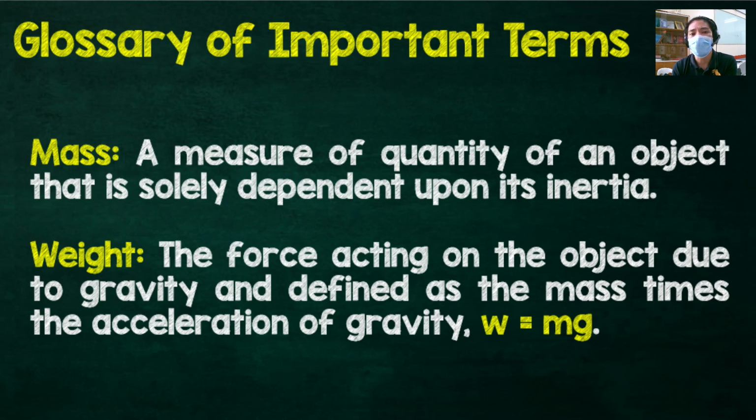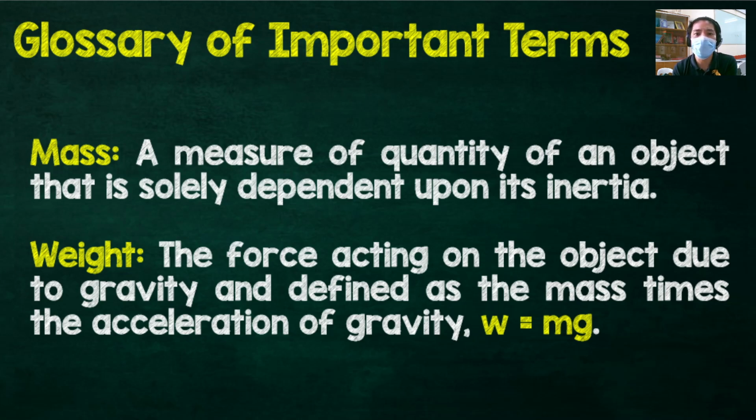What makes mass different from weight? Mass and weight on Earth are almost similar. Mass has a unit of kilograms. On the other hand, weight is measured in newtons.